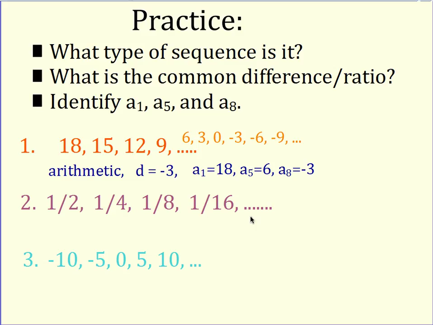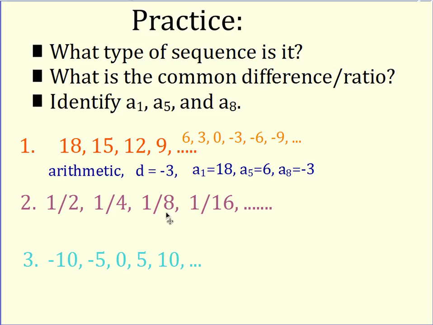In our second sequence, fractions usually tend to throw us off just a little bit. If you look at the numerator and denominator separately, it's going to be a little bit easier for you. The numerators, if you notice, don't change. We're definitely not adding anything here, but couldn't we say we're multiplying the numerators by 1?